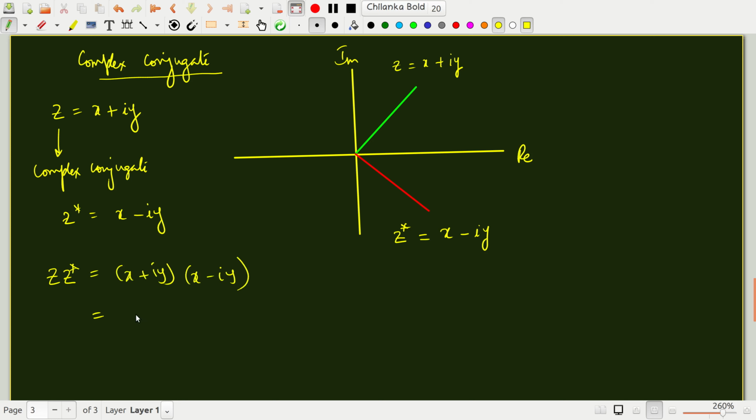You use the formula a squared minus b squared, so this is x squared minus (iy) squared, which is x squared minus i squared y squared. But i squared is minus 1, so minus i squared is plus 1. This is x squared plus y squared.